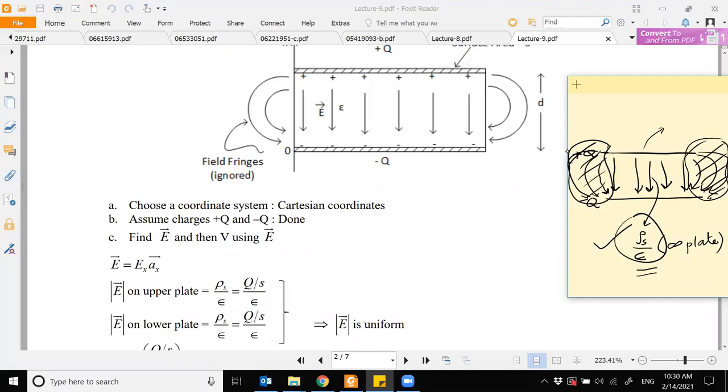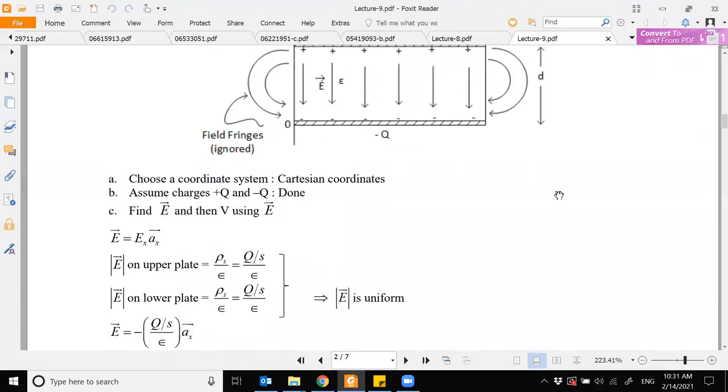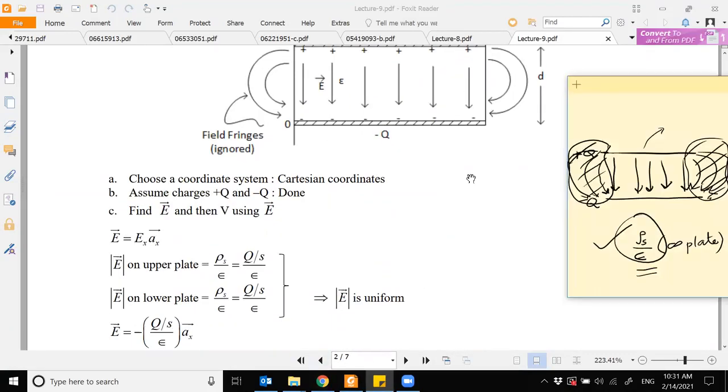You have to go to Coulomb's law and apply it, and then find those expressions. So it will not be so straightforward. It will be a little bit complicated. Done? Okay.